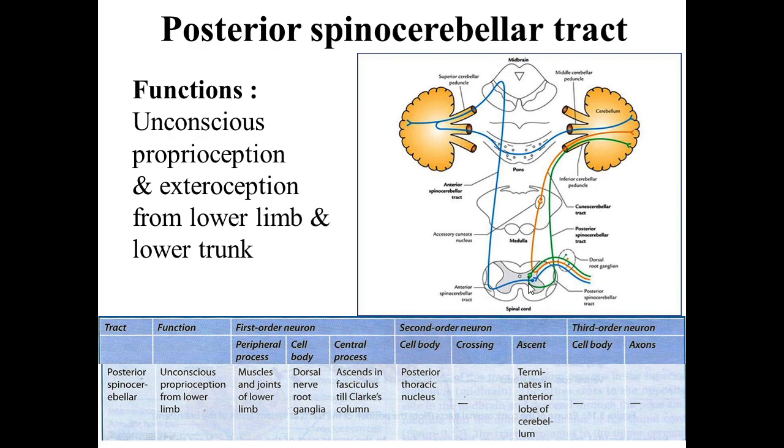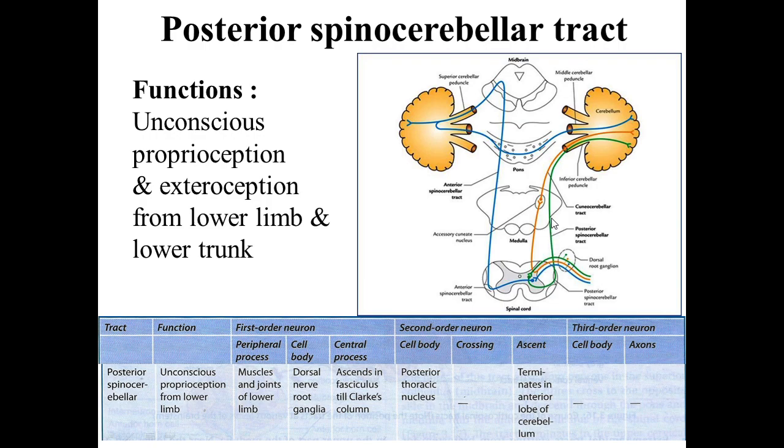Then the second order sensory neuron enters into the lateral funiculus on the same side, and then these fibers ascend as the posterior spinocerebellar tract. They pass through the medulla, and from the medulla these fibers enter into the cerebellum via the inferior cerebellar peduncle.